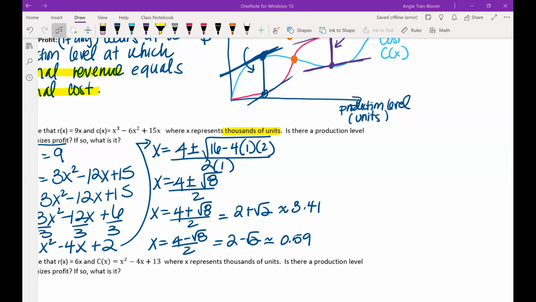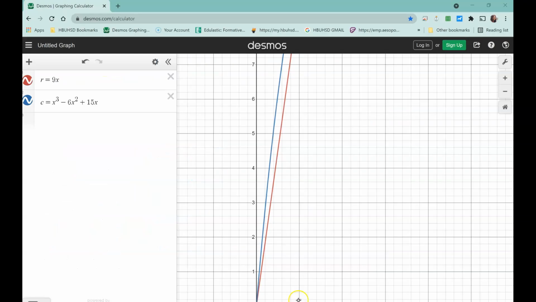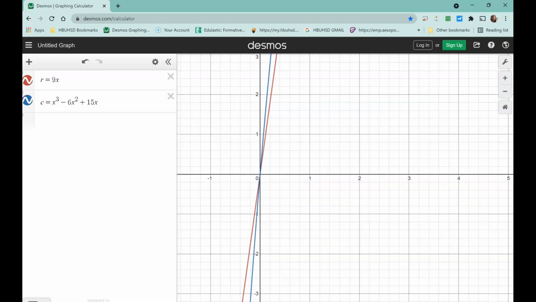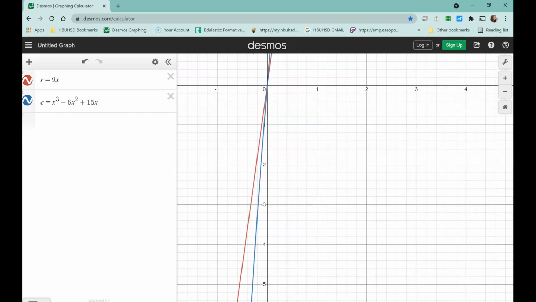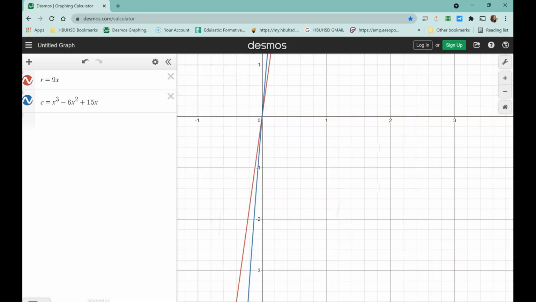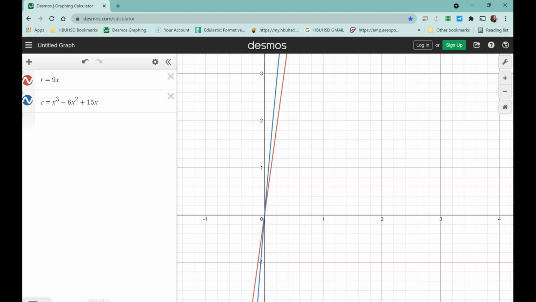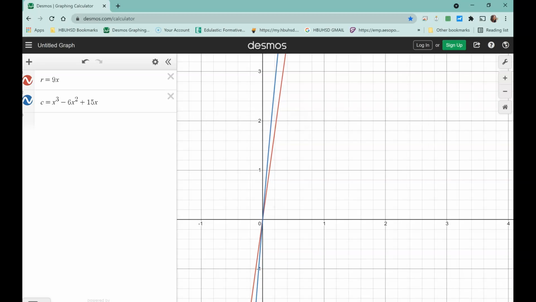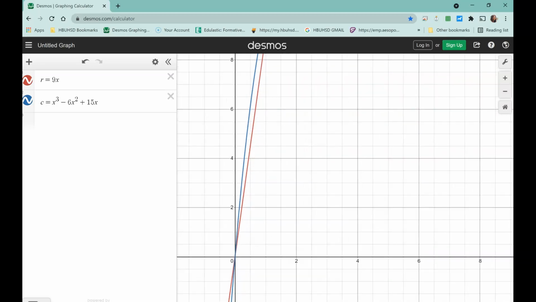So I'm going to graph this out really quickly so you guys can see it as well. Okay, so here I have the revenue is 9x, which is in red, and then the cost is in blue. I'm moving it up really quickly here. Obviously we can't have negative units for production, and technically we can have negative money. So I'm going to pinch it in so you can see this.